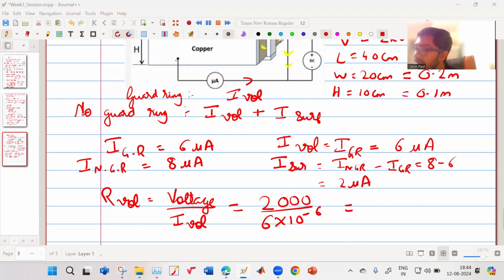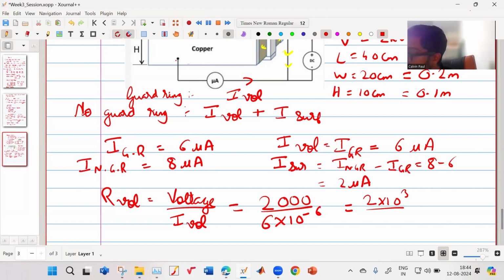So it is 2000 divided by 6 into 10 to the power minus 6. This I can write as 2 into 10 to the power 3, divided by 6 into 10 to the power minus 6, right?